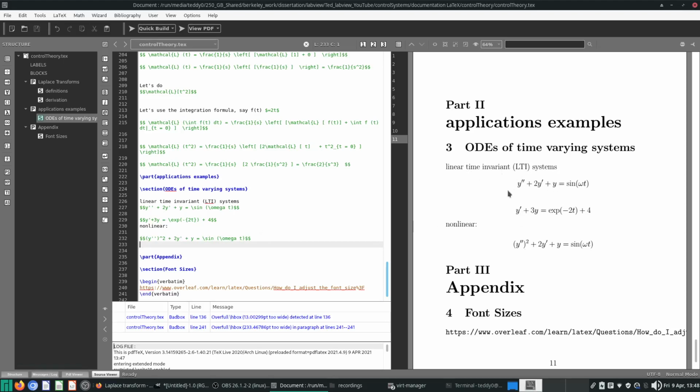What about this thing called time invariant? Time invariant means the ODE does not change with time. Let's say at t equals 1, the ODE is of this form, then maybe at t equals 100, the ODE changes to this form. That is not a linear time invariant system, because as time changes, your ODE also changes.